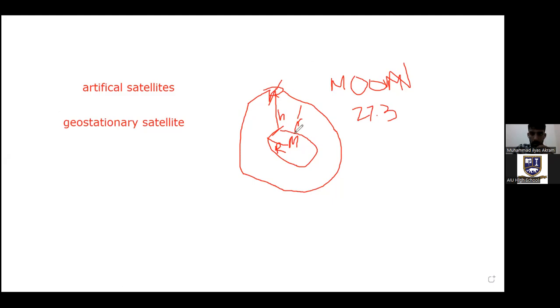If this yellow point is here and this satellite is at that point, when the Earth revolves around its axis and this point comes to that position, then this satellite will come to the same exact point in front of this point. So we can say that both points are always at the same point in front of each other.